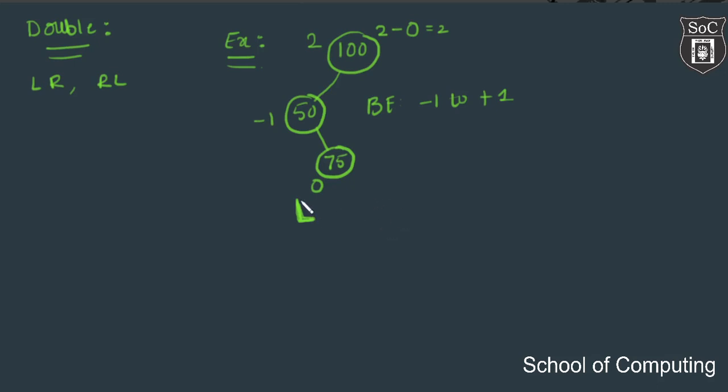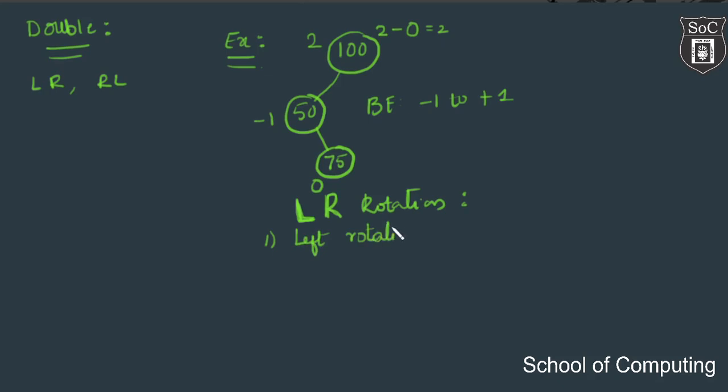So the problem occurred on the left side of the tree because of a right child, and hence the problem comes under LR rotation. So what needs to be done when we are dealing with an LR rotation problem? It comes under double rotation. So what we will do in LR is we have to do two rotations. First one, left rotation should be done.